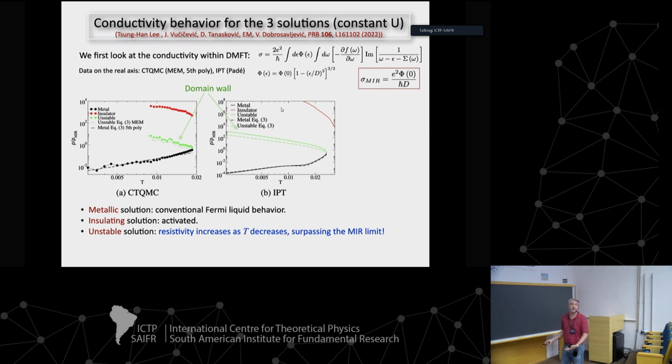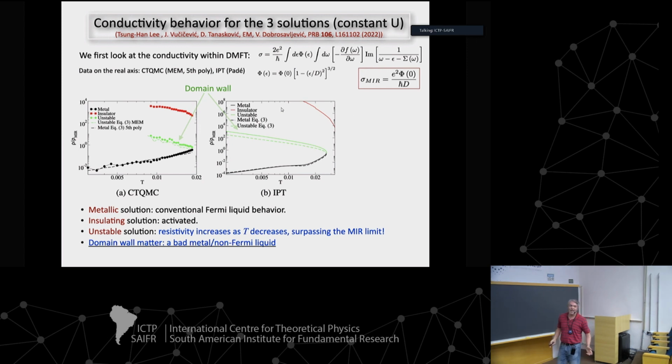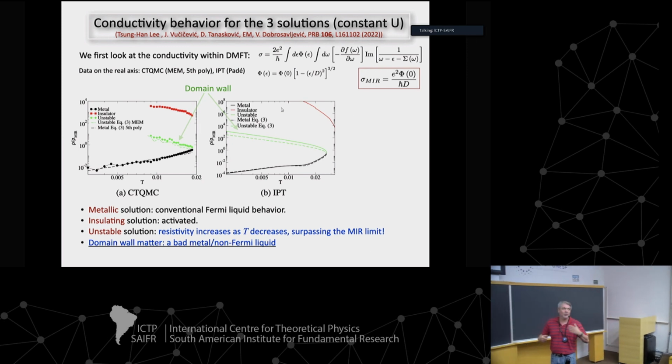But it's not an insulator, so what is it? I'm not sure I'm going to be able to answer that question. I'm just going to show you what the behavior is. As I said, we can say at this point that the domain wall matter is a bad metal, perhaps a non-Fermi liquid, or something else.